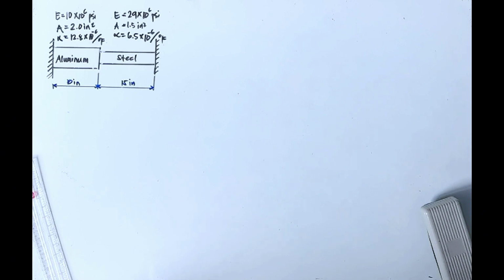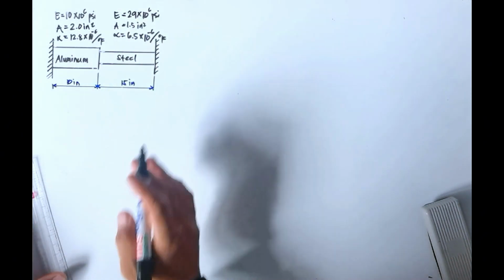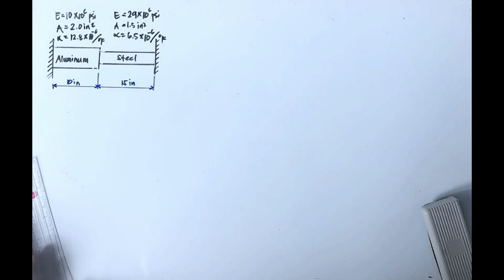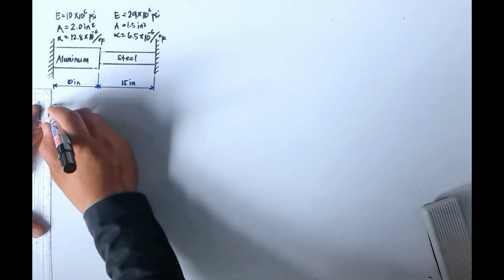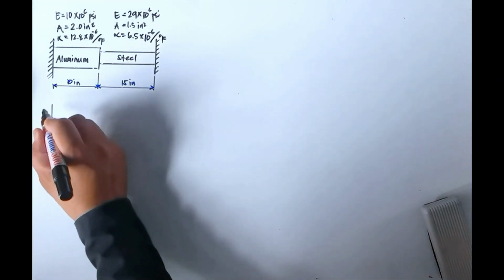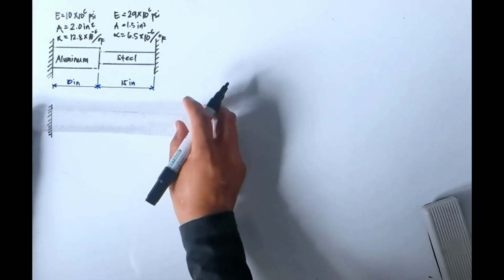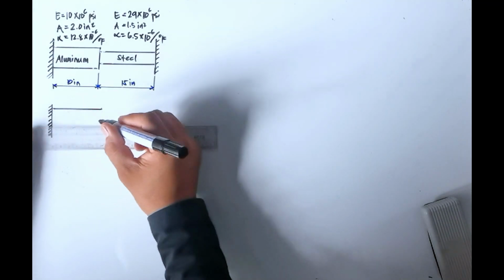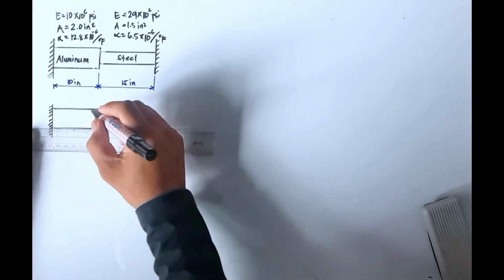Let's say, for example, we will remove this part of the restraint so that it is free to expand to the right side. This aluminum will increase in length because of the thermal expansion.